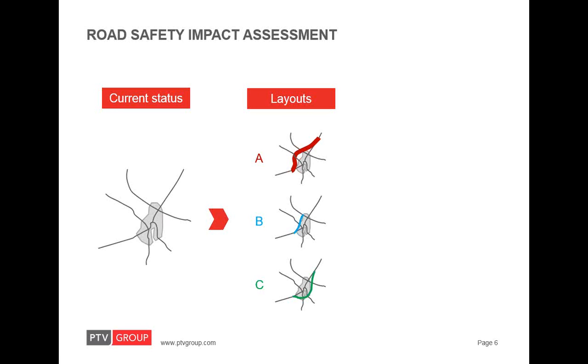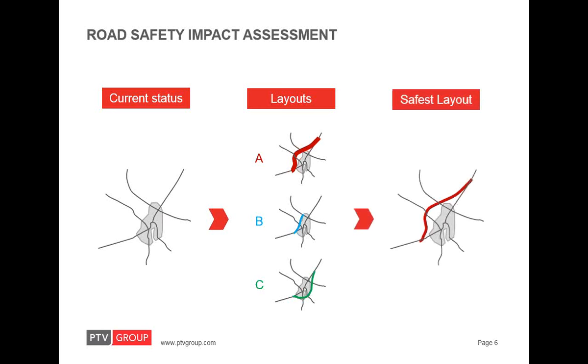And of course, you will always have an idea of the costs which building this bypass will cost you. And the idea of Visum Safety is that in this planning procedure, you can also decide not only for the cheapest layout or for the layout which will divert the most traffic out of the city, but also for the safest layout. So you have an evaluation method to evaluate your schemes, your plans, with respect to safety.